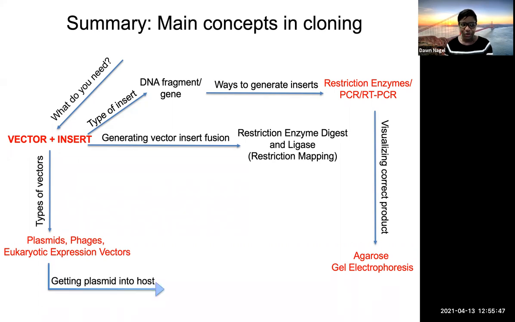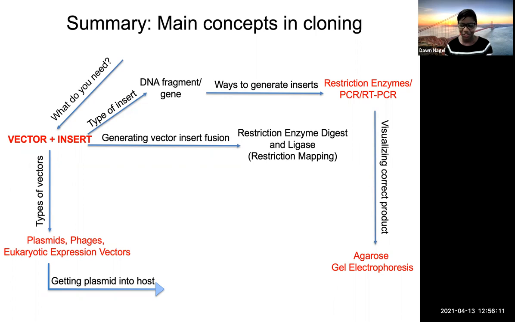So say you have your plasmid with your insert, and it looks good. Now you want to put it into the host, which usually is bacteria. How are you going to get it into the bacteria? You'll shock it. What is that technique called? Transformation.